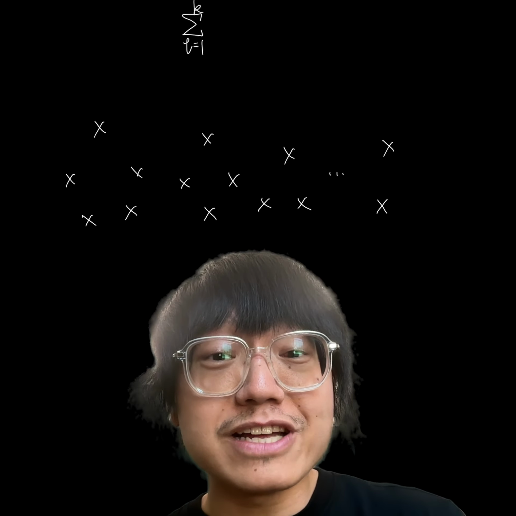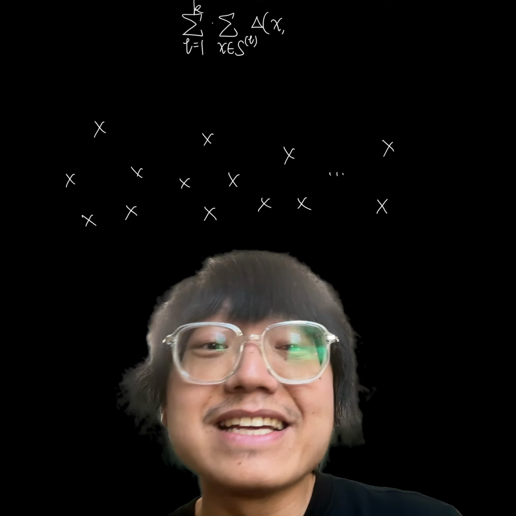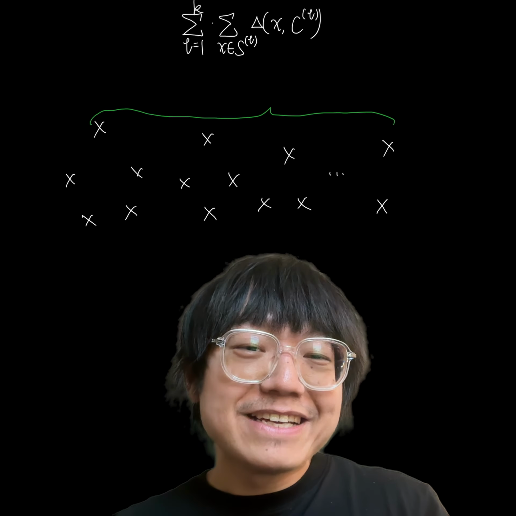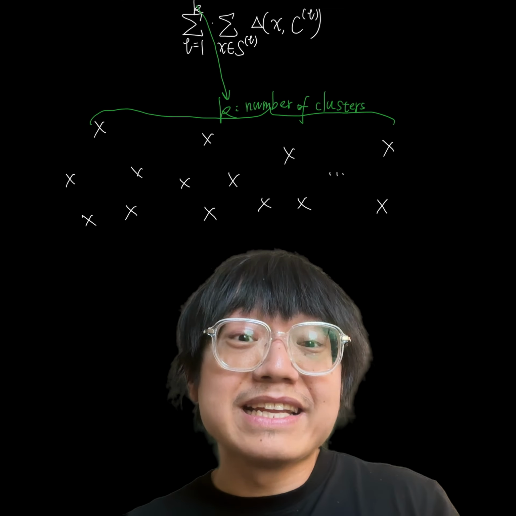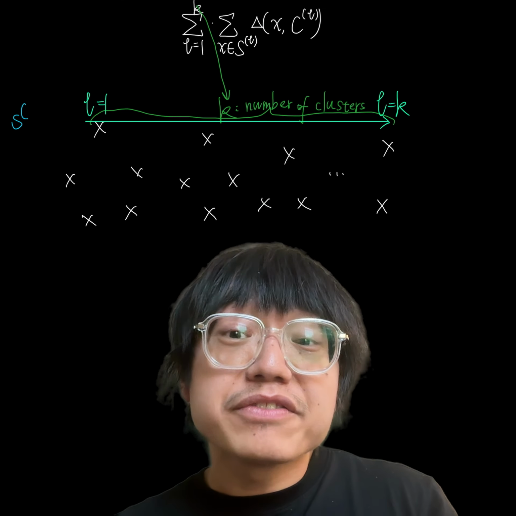Let's look at the second line, which is also a key component of the k-means clustering algorithm. This equation calculates the total sum of the squared distances between each point x and its assigned cluster center C of L. The variable k represents the number of clusters, and L represents an index running from 1 to k, indicating a specific cluster.